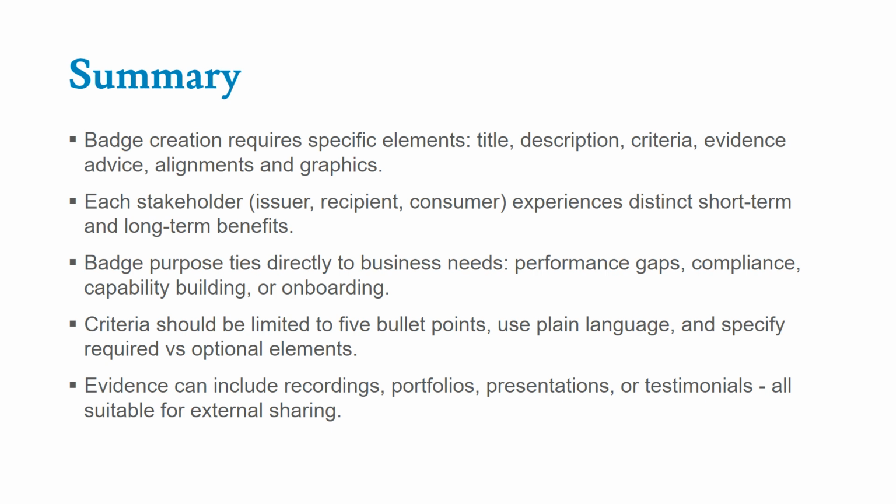Make it obvious which parts are mandatory and which are optional. And finally, badge recipients can submit various types of evidence, from video recordings to portfolio pieces, presentations, or workplace testimonials. Whatever form it takes, this evidence must be something that they can share publicly without revealing sensitive information.